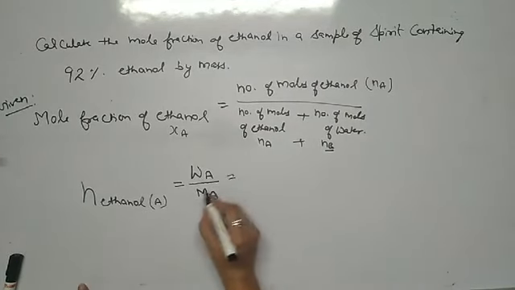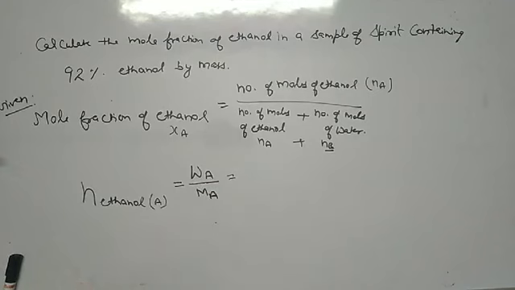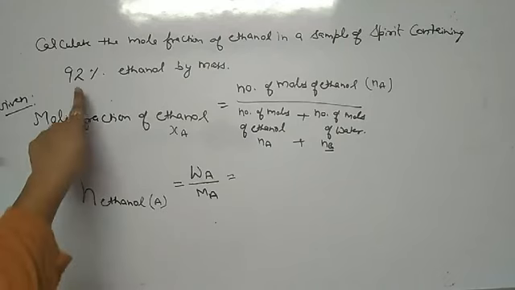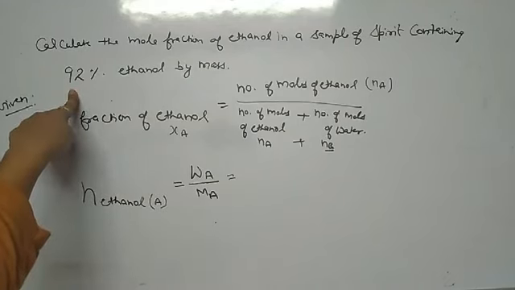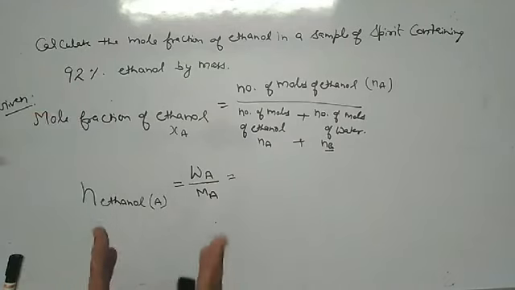Now, what will be the mass? Yes beta, what will be the mass? This one is here, 92%. 92% means if the solution is total 100 gram, that time 92 gram is ethanol and the remaining 8 gram is water. Clear?